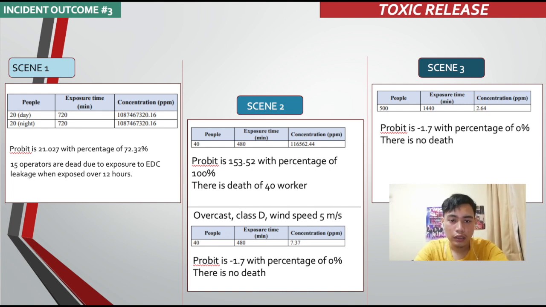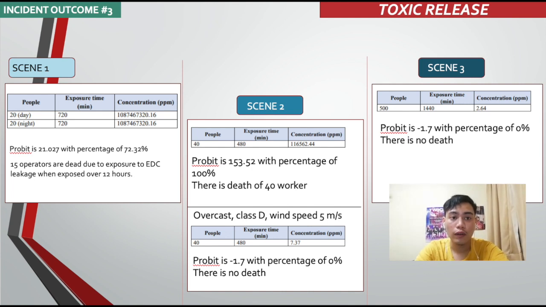So the concentration that we get in ppm is 67320.6 ppm, and in the probability analysis, the probability is 21.027 and the percentage of death is 72.9%. So 15 operators are dead due to the excess exposure to EDC from the leakage.